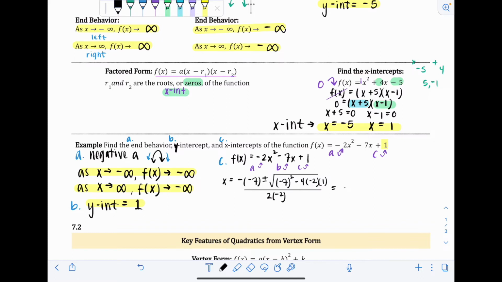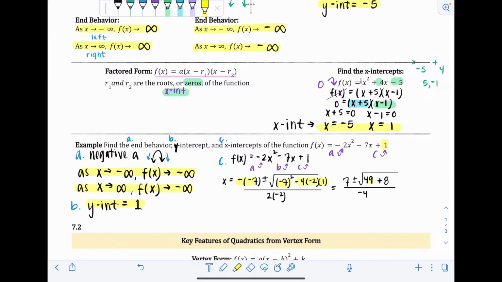And then we'll start to simplify left to right, so negative negative 7, that double negative turns to a positive 7, and then plus or minus the square root of, see, negative 7 squared is just positive 49. And then this is a negative 4 times negative 2, which is positive 8, and then times a positive 1, so this will be a plus 8. And then over 2 times negative 2, which is negative 4.